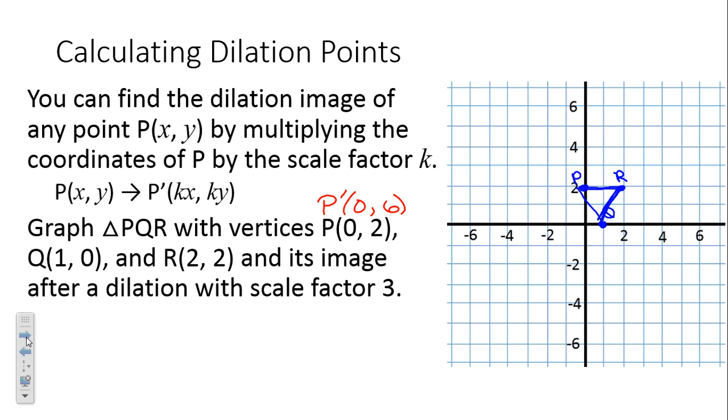Okay. So plot P prime, 0 over 6 up. Q, 1 over 0 up. What's it going to be with a scale factor of 3? 3, 0. 3 over 0 up.